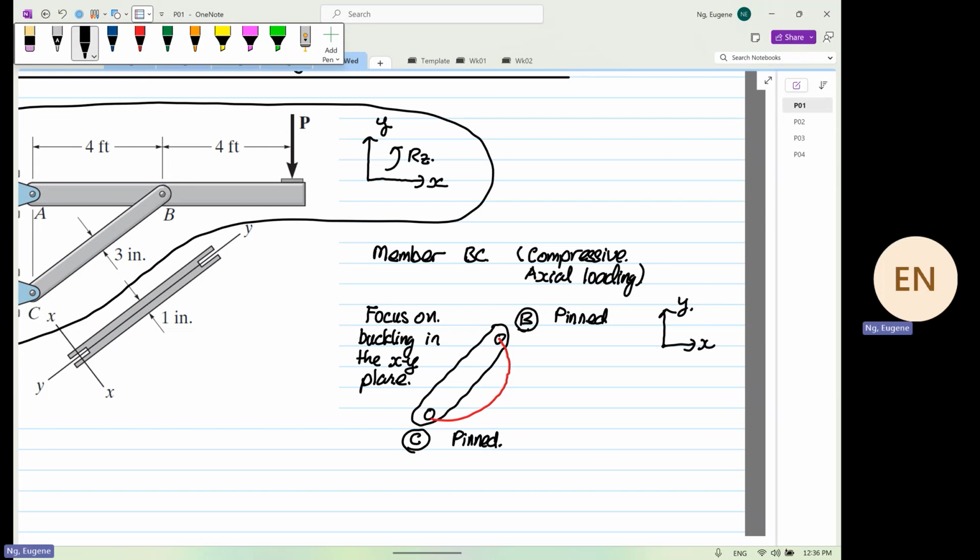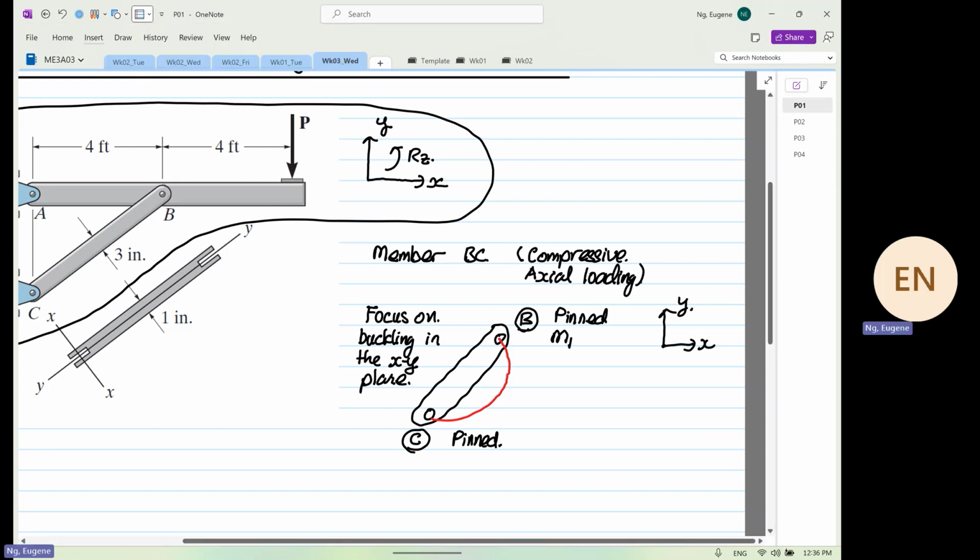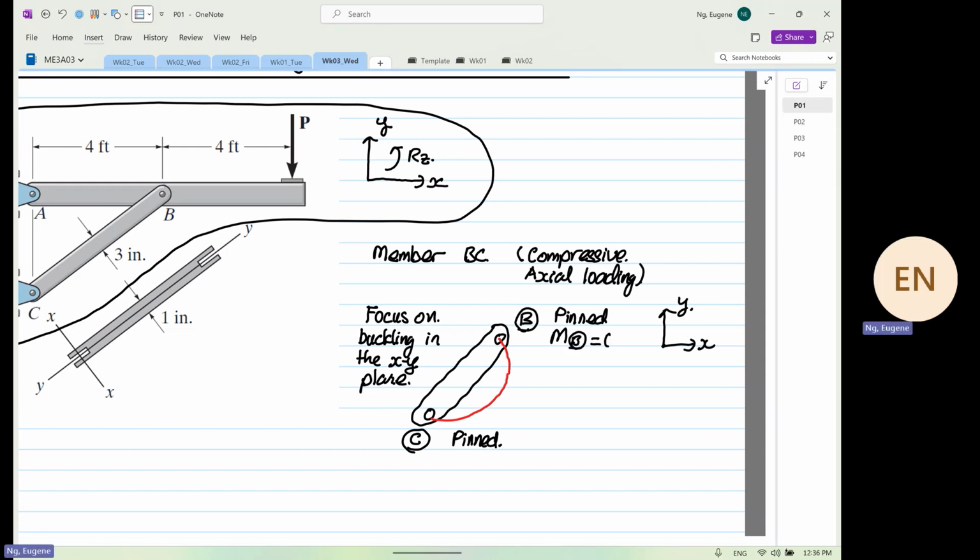Now, both ends are pinned primarily because the bending moment at point B, I do apologize again, is equal to 0. The bending moment at point C is also equal to what? 0.